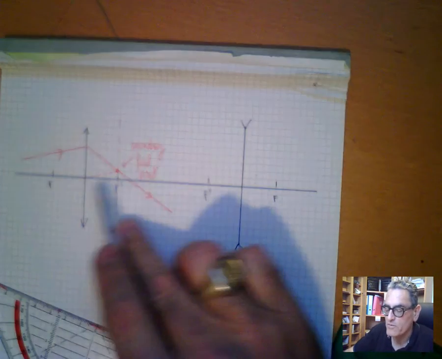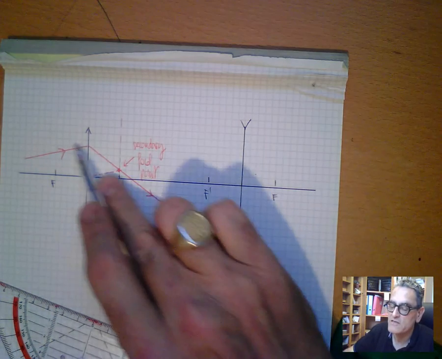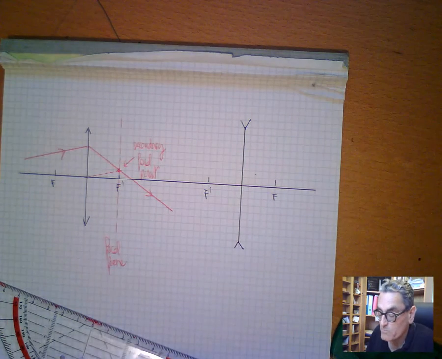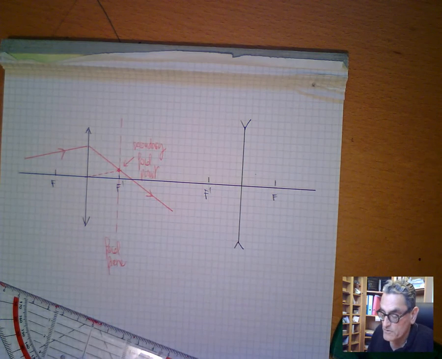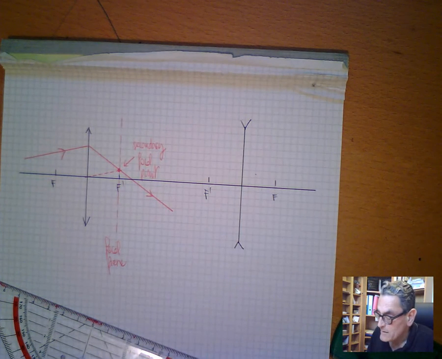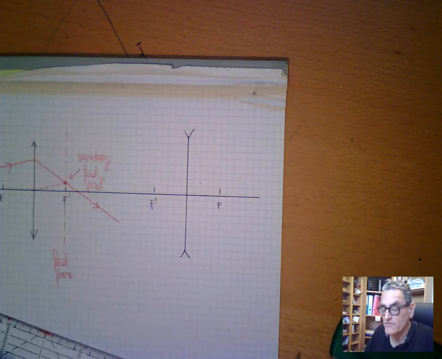And we are very happy because this is a convergent lens, and indeed it makes this light ray converge. It forces it to go back towards the optical axis.